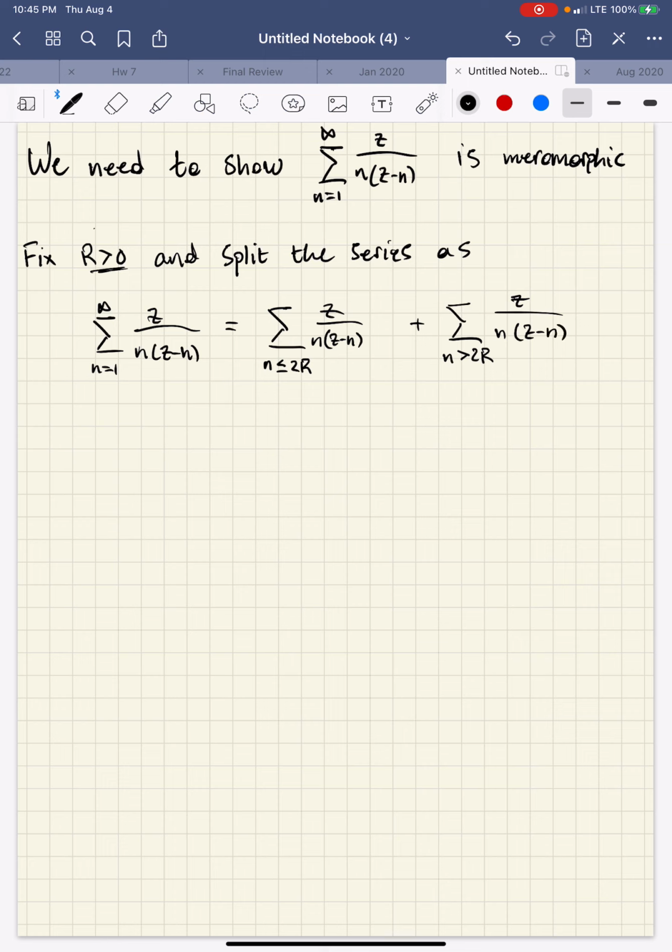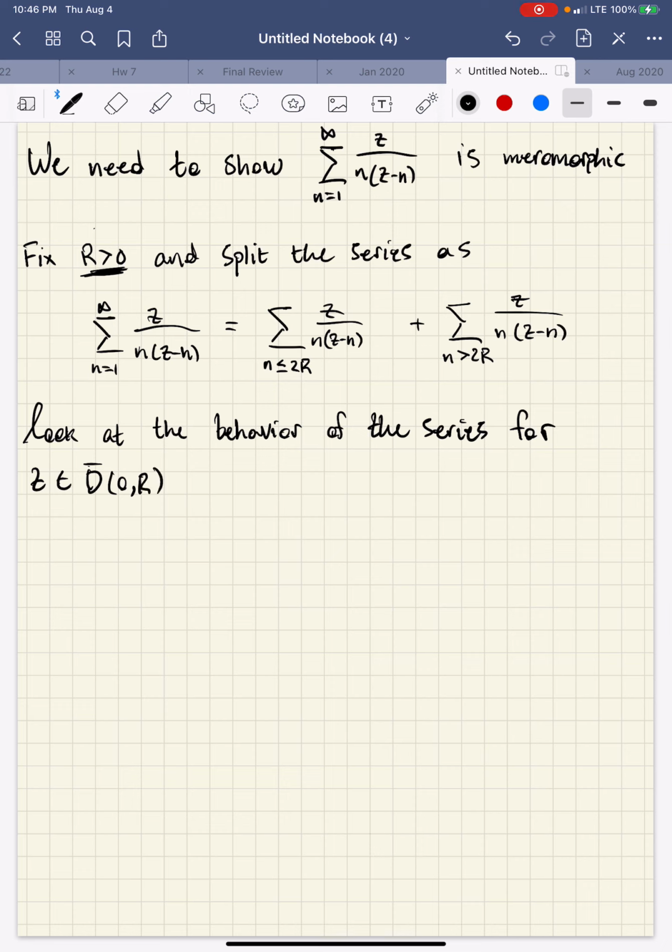Well, given this radius r greater than 0 and this series split, I want to look at the behavior of the series for z in the closed disk of radius r about the origin.